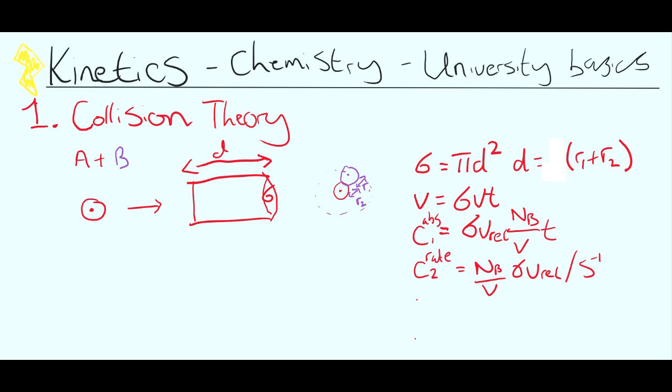So now what we can do is work out a collision density total. At the moment we've considered one atom of A. However, of course, there's going to be many. So we need to factor in all of the atoms of A now. For each atom of A, we have this collision rate.